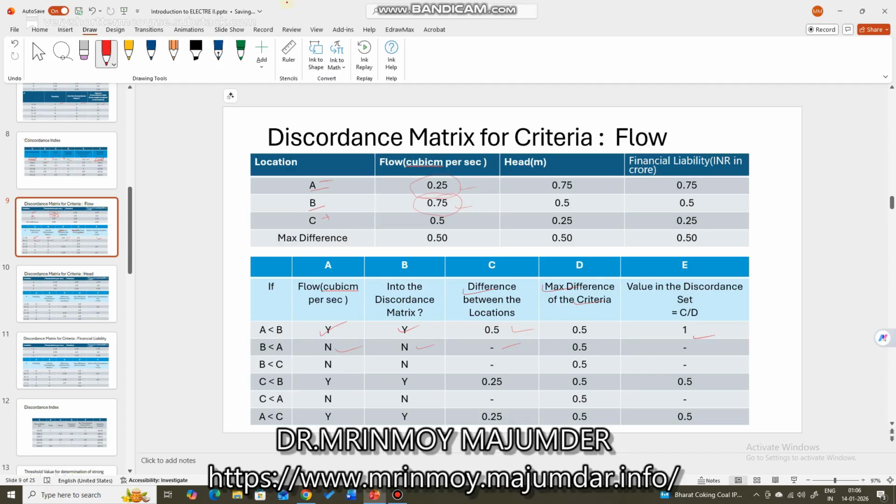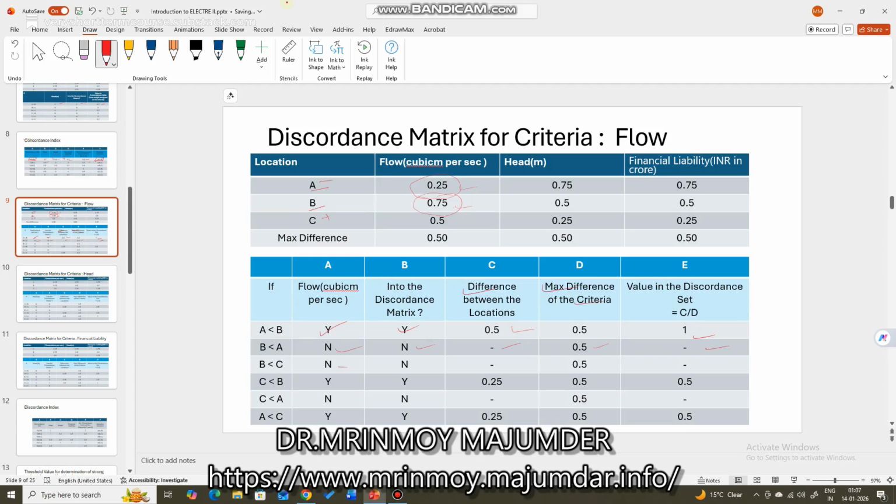The maximum difference within this criteria we must still identify, and we are still in criteria flow, so the maximum difference that I have already explained is 0.5. However, the difference between locations is not included because B is not less than A. The condition mismatches, so everything stops, and so 0. Maximum is 0.5, and this is marked as minus, nothing to do.